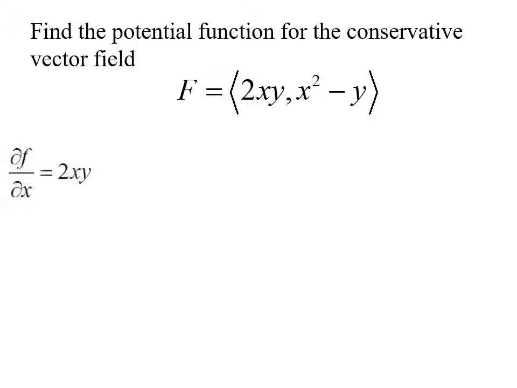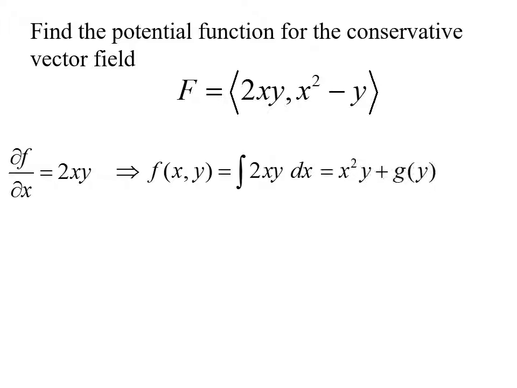Well, we know that the first component was the derivative with respect to x. So to recover some of our potential function, we can integrate that with respect to x. That gives us the function x squared y plus some constant of integration, which in this case can be some function of y.